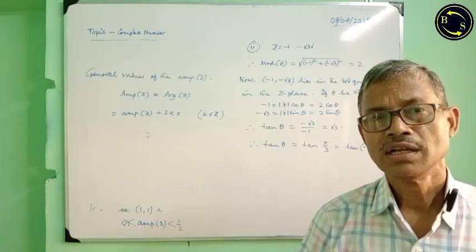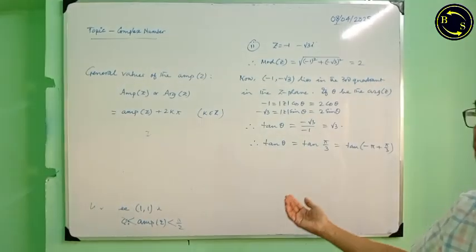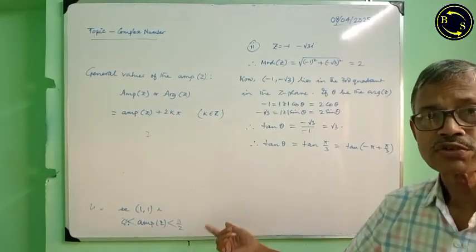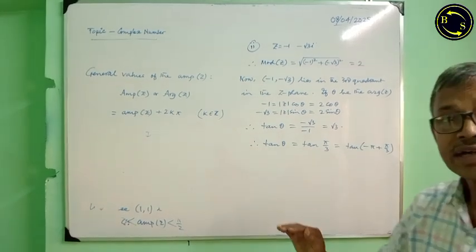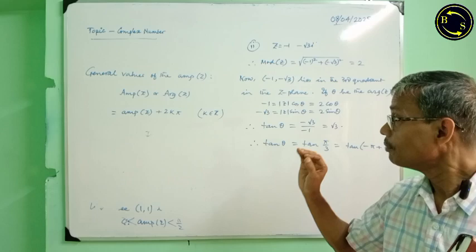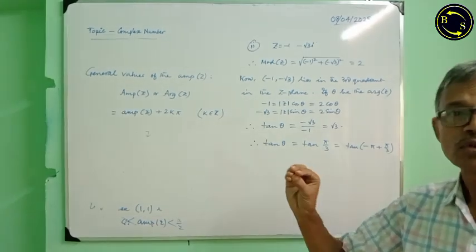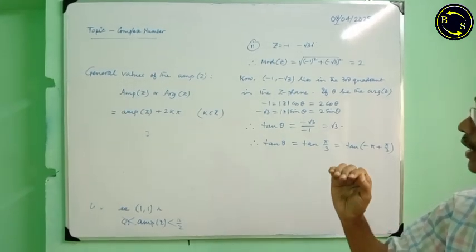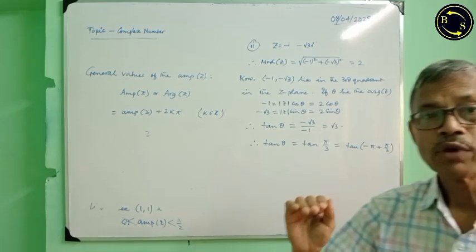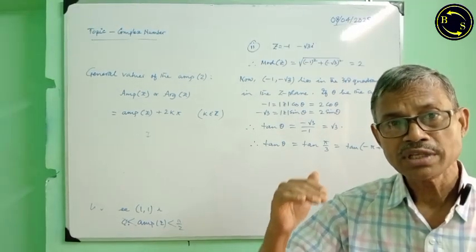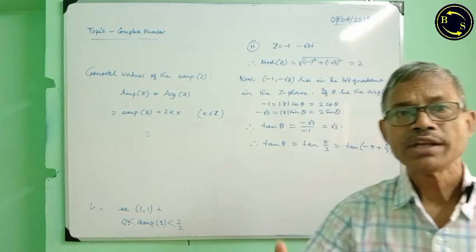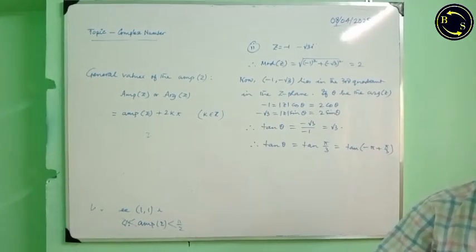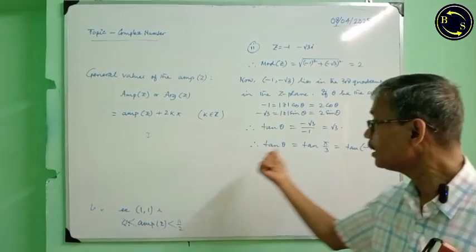We know the tan ratio is positive in the first quadrant and third quadrant, and for the principal value of the amplitude, when the complex number is above the x-axis, it is expressed by a positive angle, and when it is lying below the x-axis, it is expressed by a negative angle.